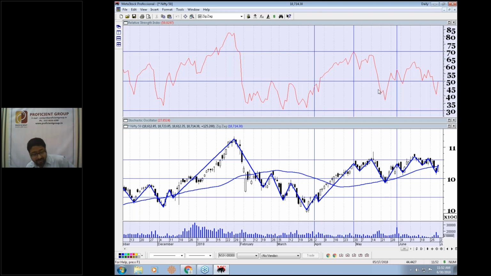Yes, there are 6 principles, and the first of them is that the market, by the term market, we are actually implying the index, right? You can take the Nifty index, you can take the Sensex index, whatever. The market actually moves in phases, right?